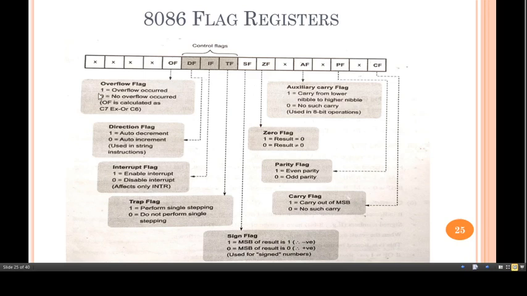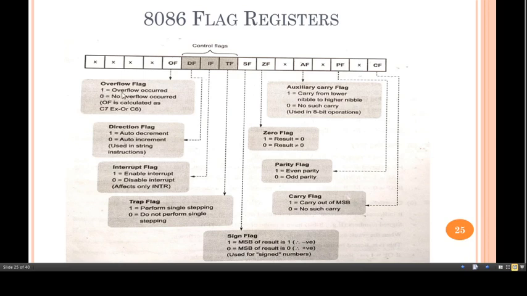This flag is set to 1 if an overflow occurs, that is, if the result of a signed operation is too large to fit in the destination register.